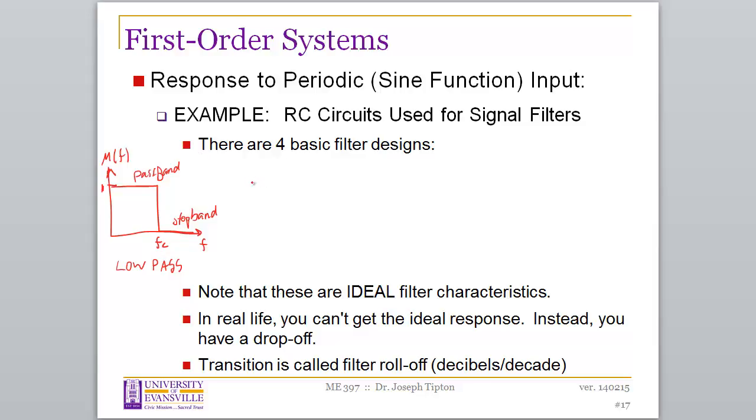Another type of filter is a high-pass filter. Here's my magnitude ratio. In this case, I am not passing lower frequencies, but then I come to my cutoff frequency, and now I do pass all of my frequencies. This is high pass.